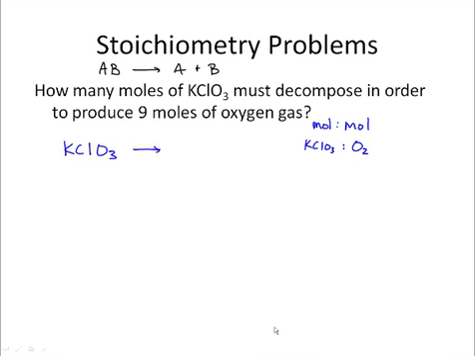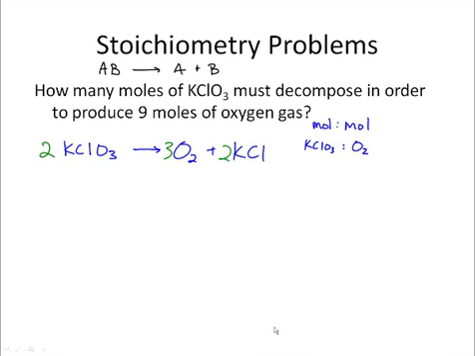And it tells us that one of the products is going to be oxygen gas. What's going to be left is KCl. Potassium has a positive 1 charge, chlorine has a negative 1 charge, so those cancel out. We have to balance our equation. So when I go to balance it, we're going to get 2, 2, 3.